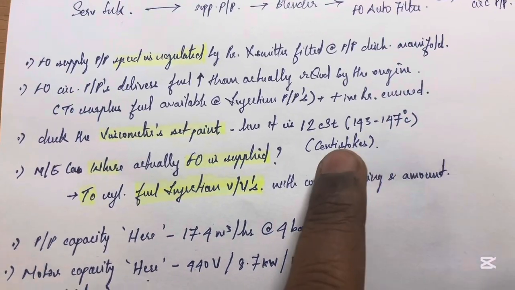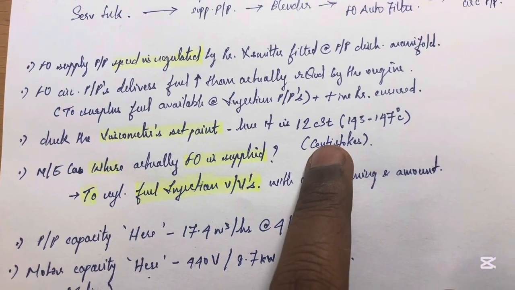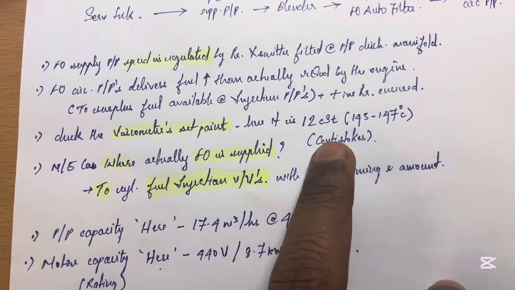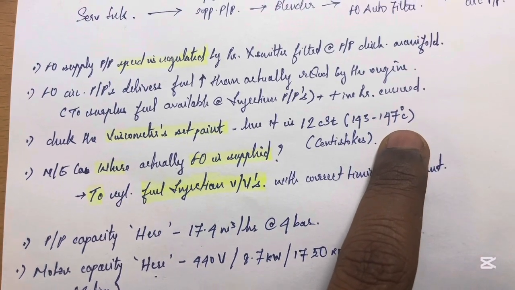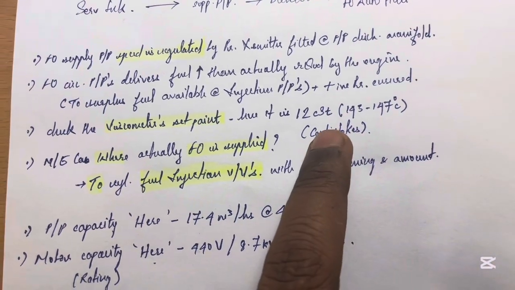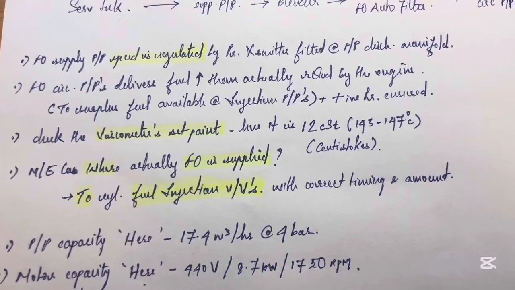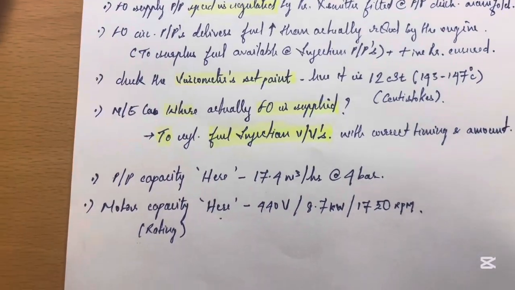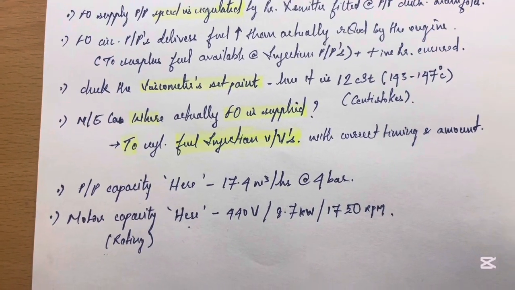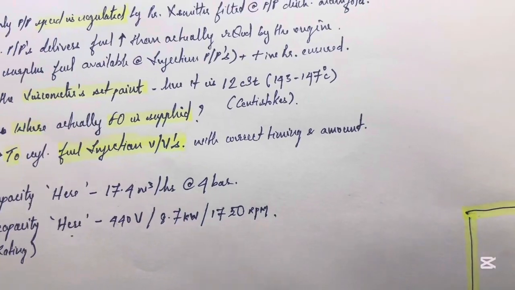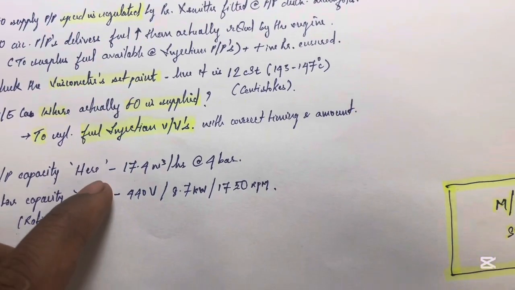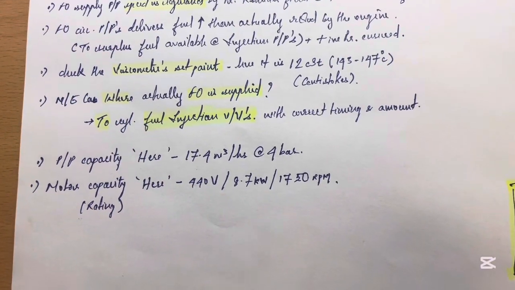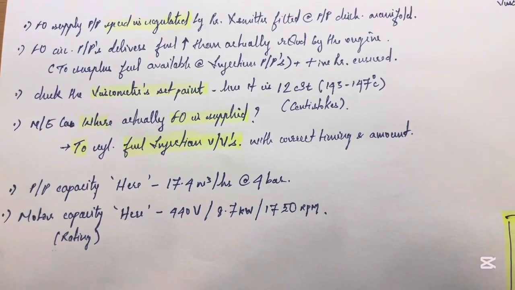On my ship we have set the viscosity meter to a set point of 12 cSt. 12 cSt is generally maintained at around 143 to 147 degrees Celsius, and cSt is the unit of viscosity, that is centistokes. And if you ask where this fuel is supplied, it is injected at the main engine's fuel injection valve.